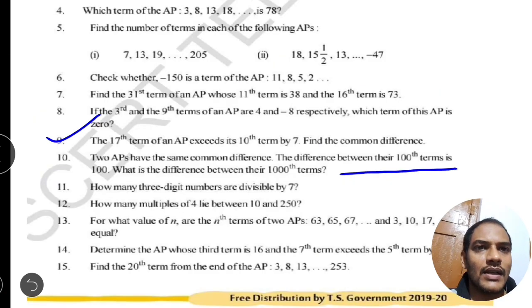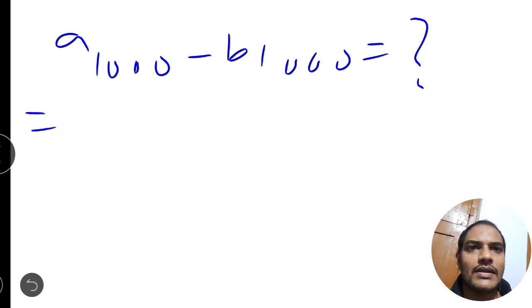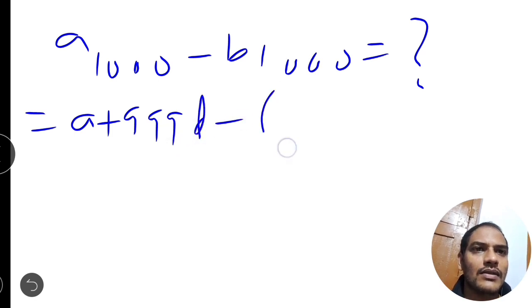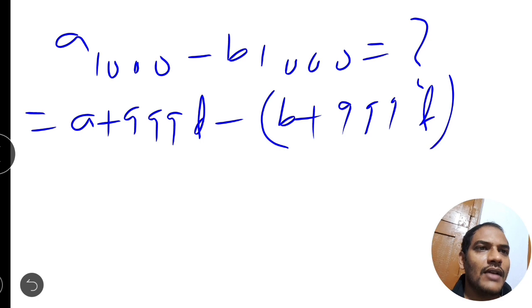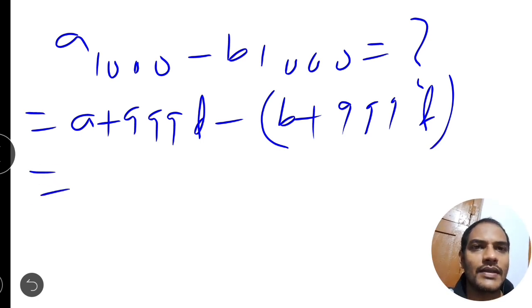Now he is asking what is the difference between their thousandth terms. That means A1000 minus B1000 equals how much? To find this answer, A1000 means A plus 999D minus, take the bracket, B1000 means B plus 999D, because they have the same common difference, that is why I am taking D at two places.